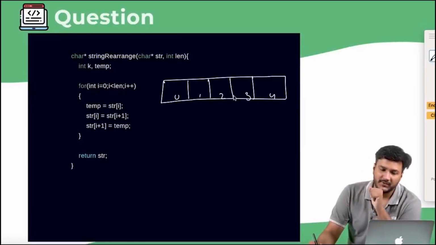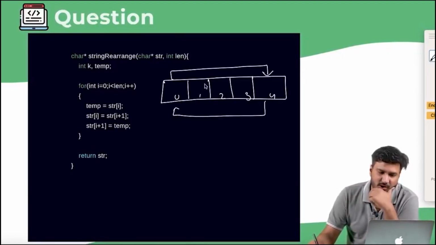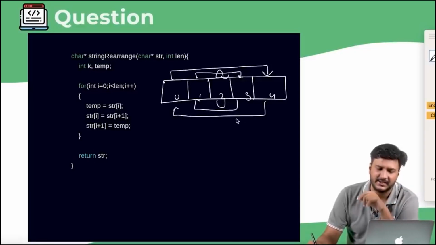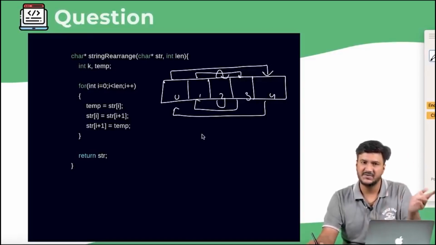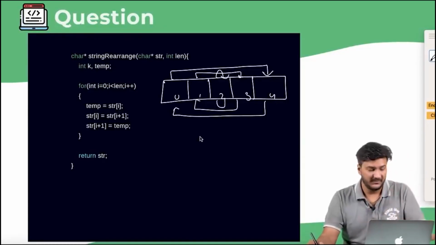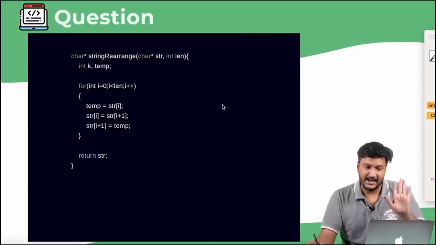If I want to reverse it, I would swap the first with the last, then swap this and this, and then swap this and this. So always I'm swapping the first number with the last number, the second with the second last, the third with the third last. There's a very basic approach that you can apply here, and I'll write it down for you.